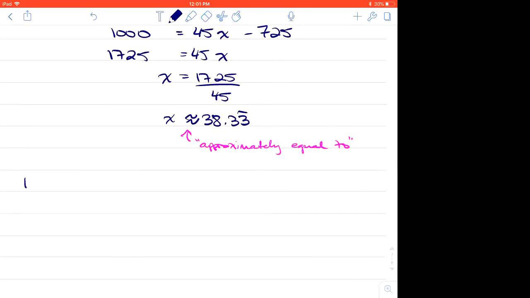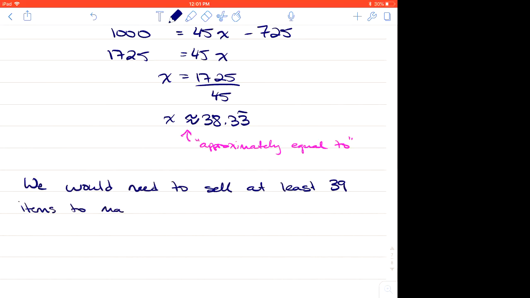So we would need to sell at least 39 items to make at least $1,000 in profit.